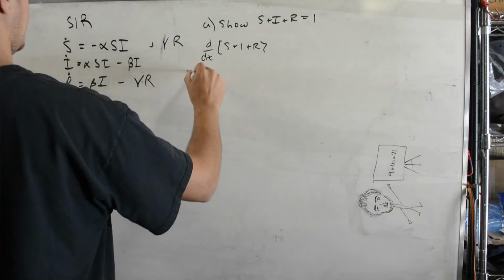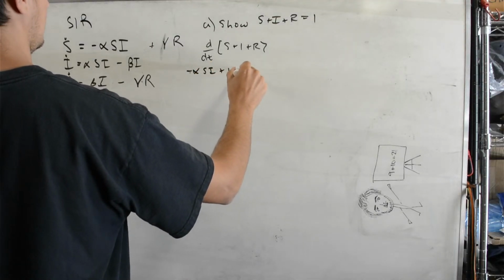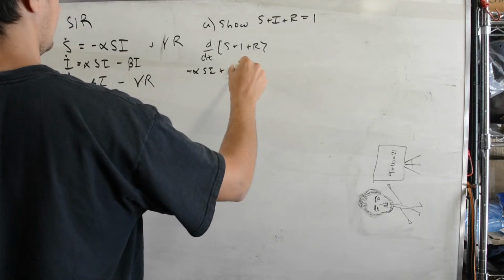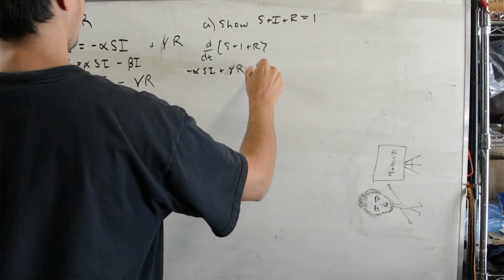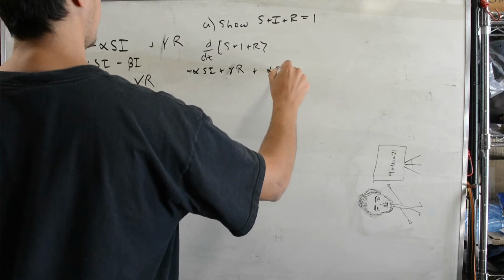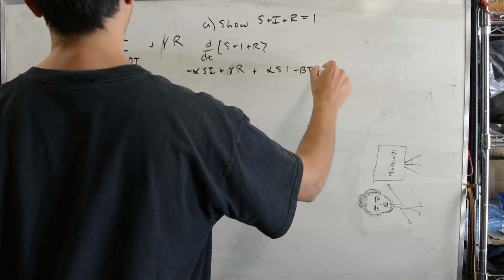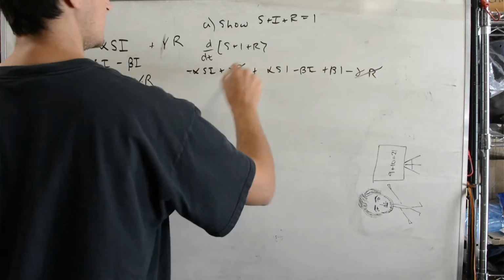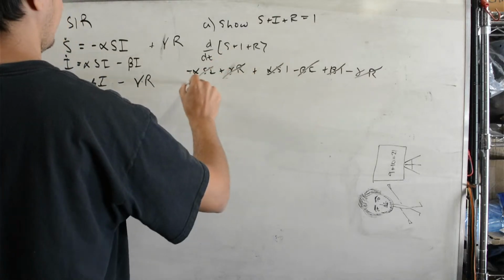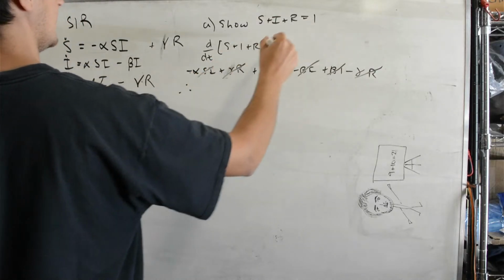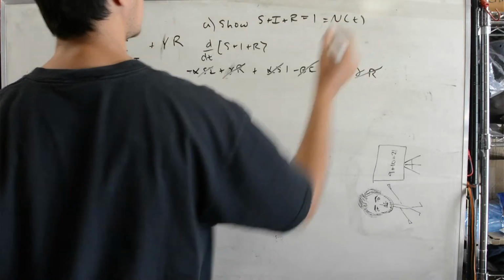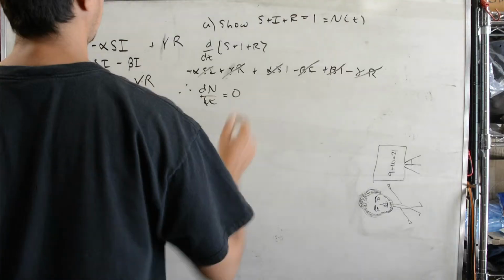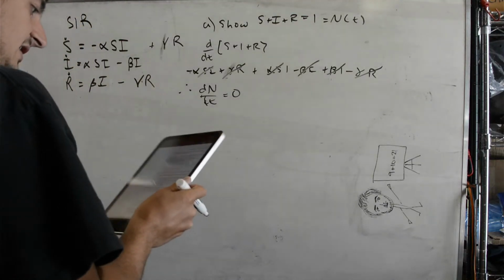So we're going to get minus alpha SI plus gamma R, plus alpha SI minus beta I, plus beta I minus gamma R. So then this cancels, this cancels, this cancels, this cancels, this cancels, this goes. Therefore, if we let N of t equal the sum of the states, then dN/dt is equal to 0. So therefore, it's a constant.